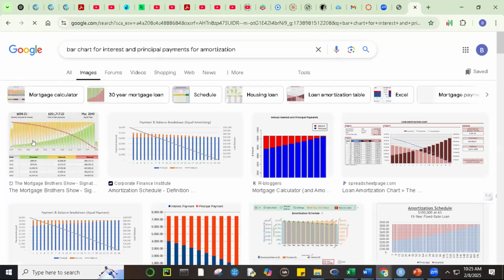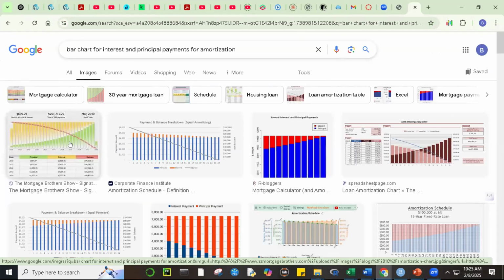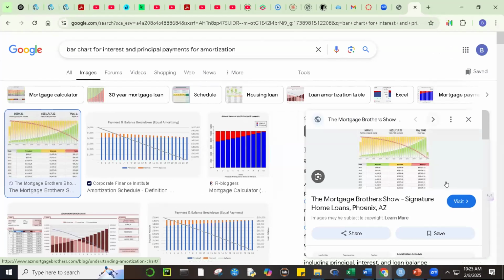Okay, just like this one. So this is the bar chart I want you to replicate. So your assignment is just like this. Create this plot for the one that we did. Okay, why am I not getting it?